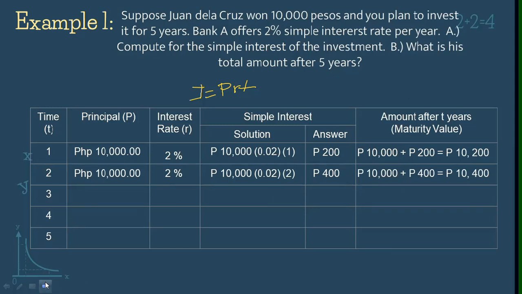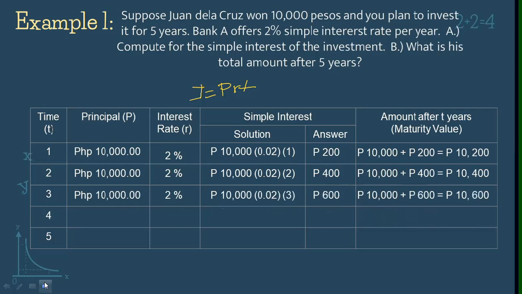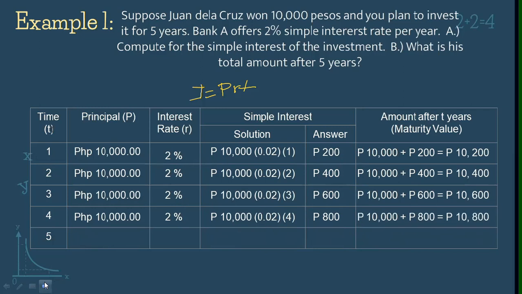So each year, alam natin na meron tayo laging 200 pesos. Sige, skip na natin ito kasi the same lang naman po siya. So we will have 600 pesos sa interest, which will give us 10,600 pesos. Sa fourth year naman po, the same formula will be used, and it will give us 800 sa interest po. And adding it to 10,000, it will give us 10,800 pesos.